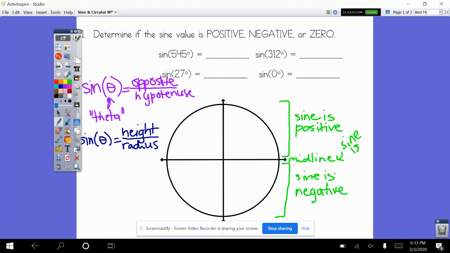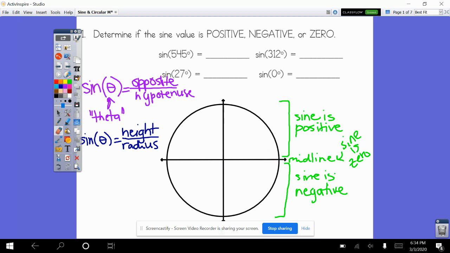This is because any point that's on the midline, like here or here, those points have no height. I can't make a triangle with those points. They're on the midline, so the height from the midline is zero. And if the height is zero, even though the radius is still the same, 0 divided by anything is 0. So if the height is 0, the sine ratio is 0.